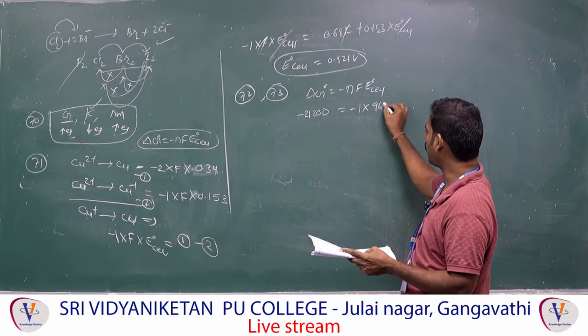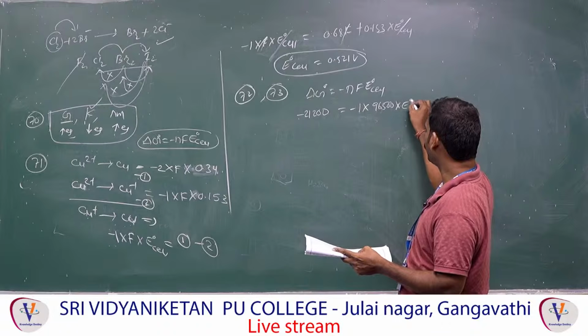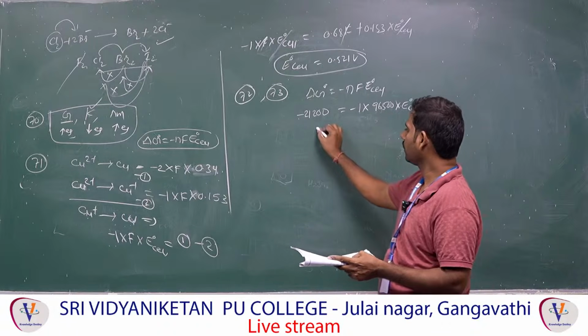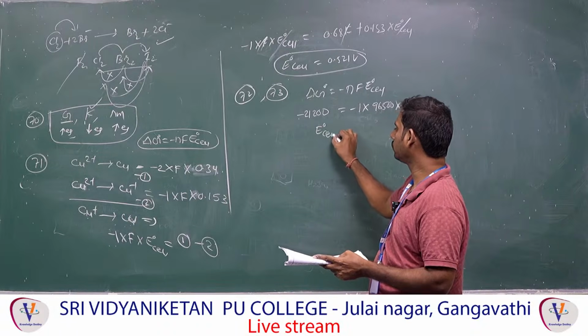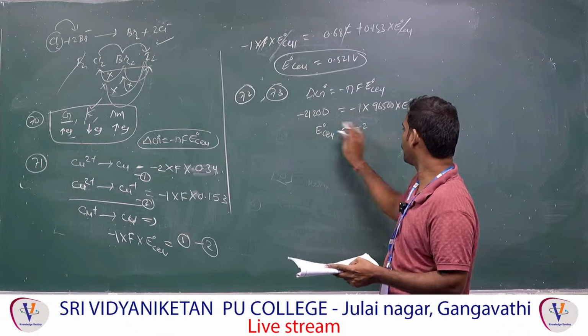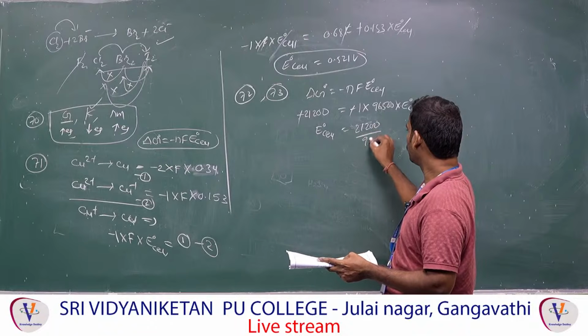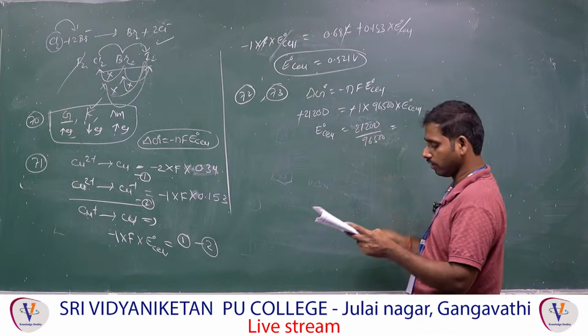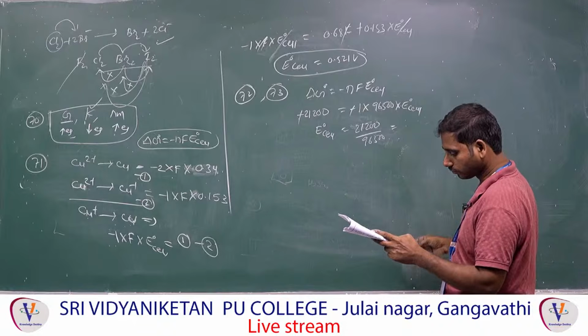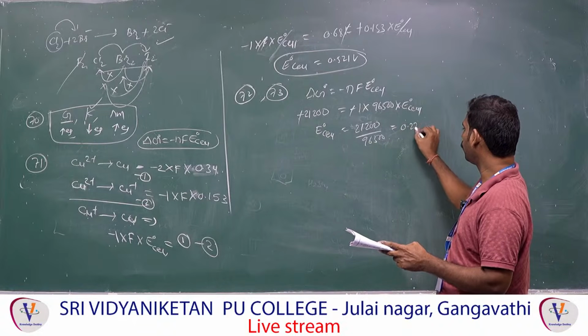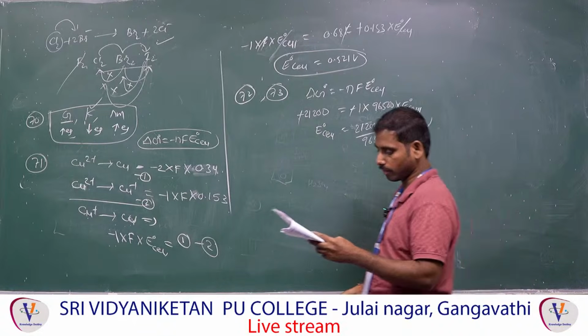F means 96,500. E naught cell we do not know, that we have to calculate. Minus gets cancelled. 21,200 by 96,500, you do it, then you will get the answer 0.22 volts. This is the answer now.